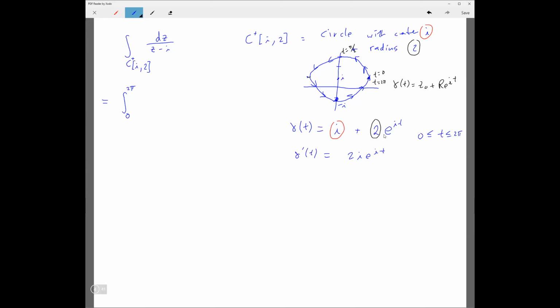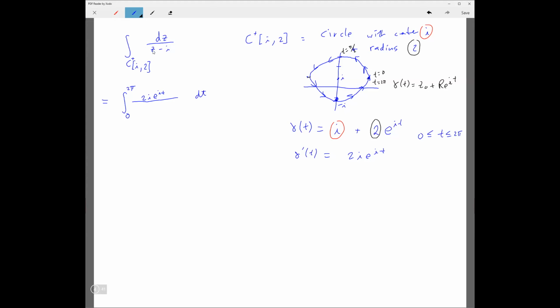So taking the derivative with respect to t, this is just 2i e^(it). So the dz gets replaced by this gamma prime of t, which is 2i e^(it) times dt.